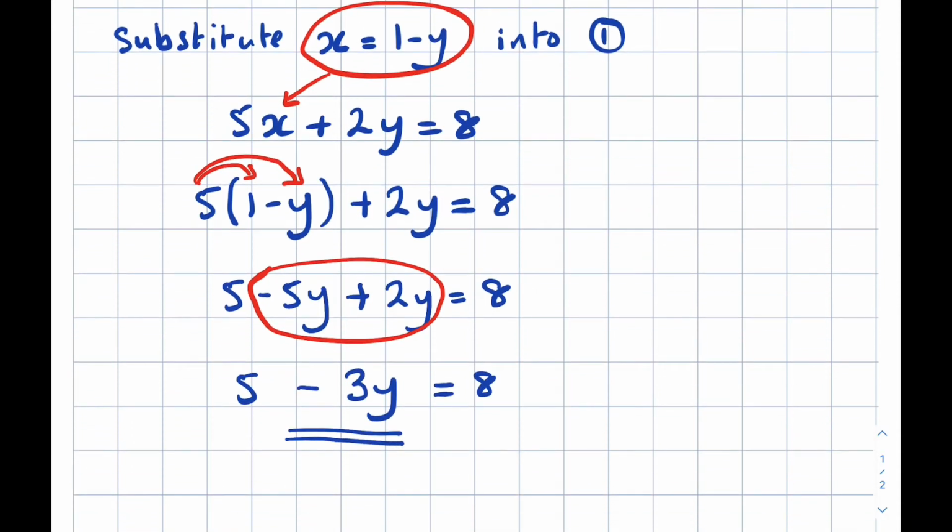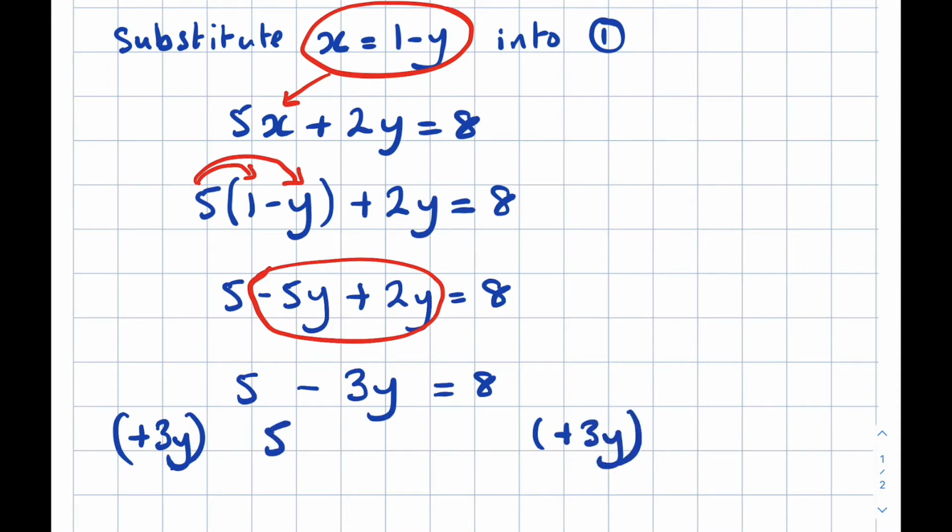Add 3y to both sides, that way we can end up with a positive 3y. So at this stage I could say, let me add 3y to both sides. That will give me 5 equals 8 add 3y. It's just easier to get rid of the negative.